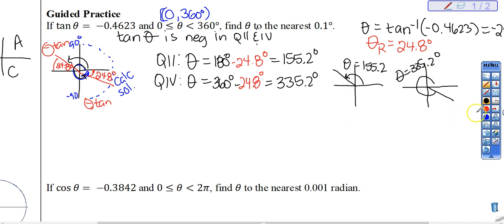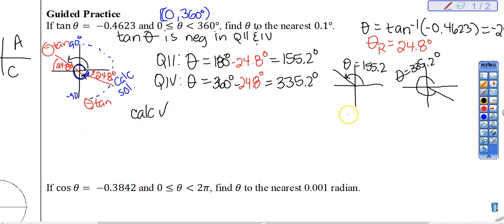Now I'm going to teach you to use your calculator right now to check to make sure your answer is correct. So we're going to do a calculator check. So tangent of 155.2 degrees should equal approximately negative 0.4623. Could you check your calculator, please?